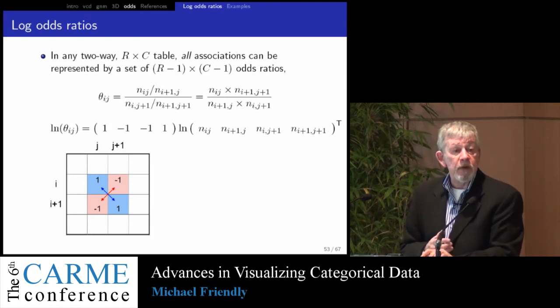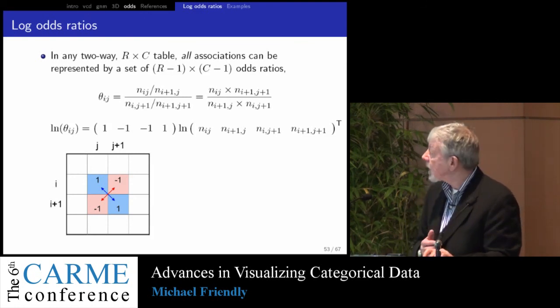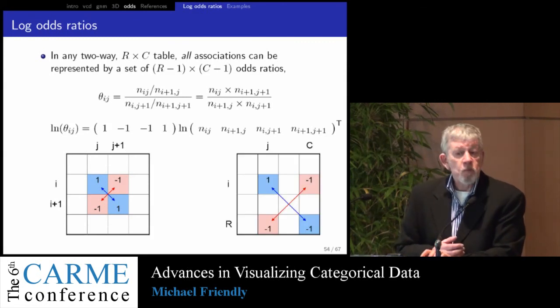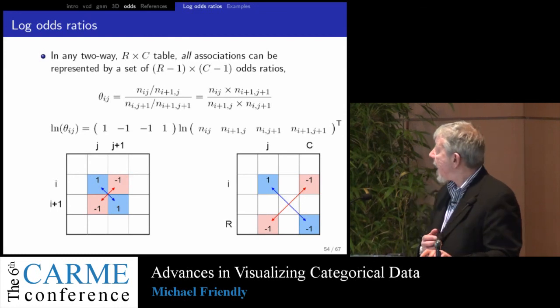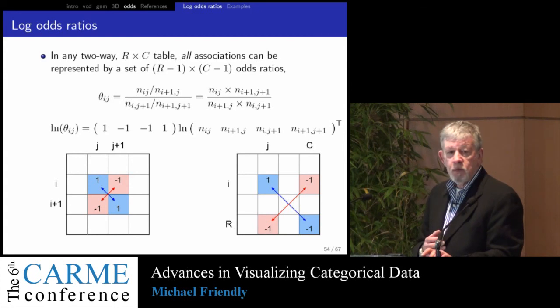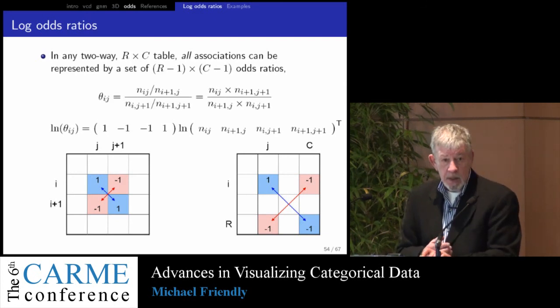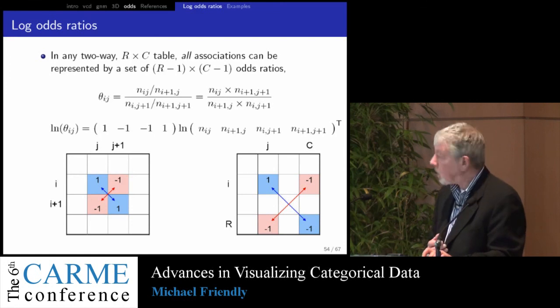But we don't have to use odds ratios of adjacent categories. We can use any one of a number of other reference sets of categories. So, for example, comparing I to the last row R and J to the last column C. Those give an equivalent but different set of log odds ratios.